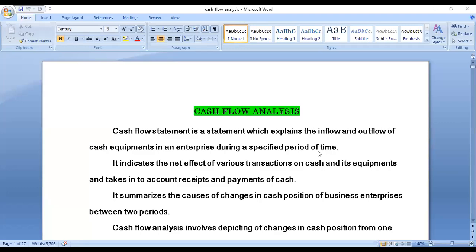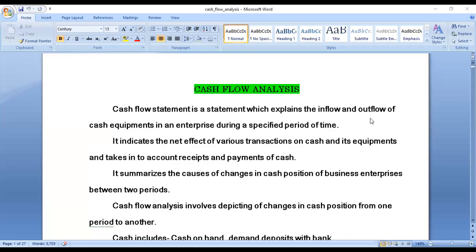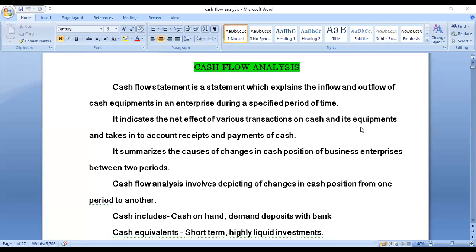My dear students, after fund flow analysis, we have the next unit, that is cash flow analysis. Of course, we treat it as the cash flow statement.